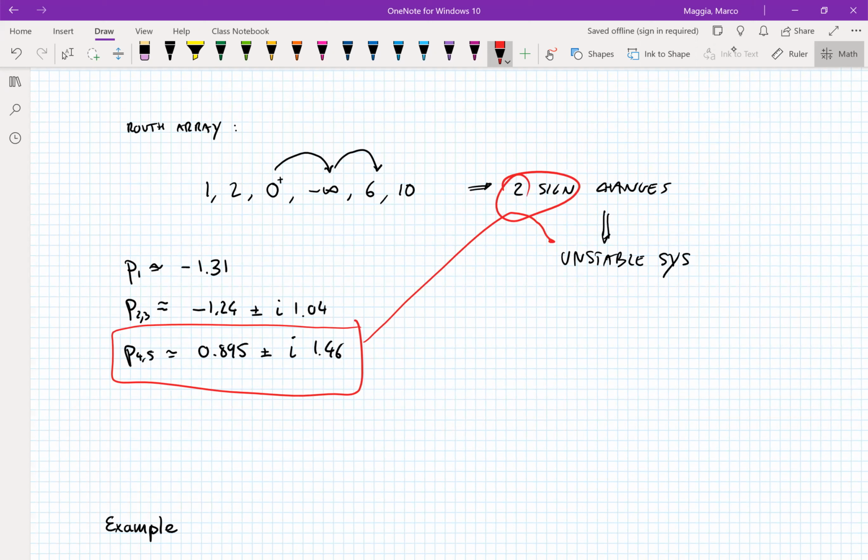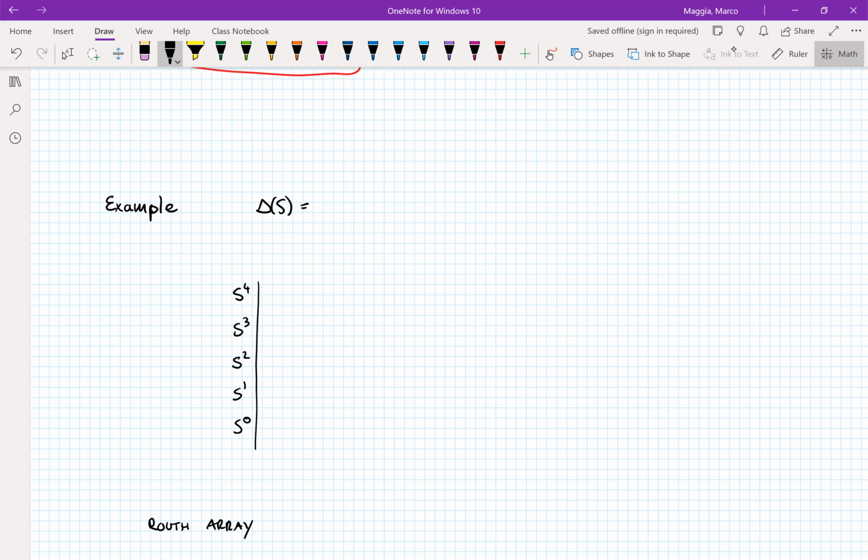In this example, we're going to have a characteristic polynomial with a parameter in it. We have k. So we might have some values for k for which the system is stable, and other values for k for which the system is unstable.